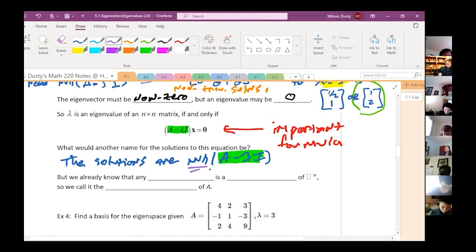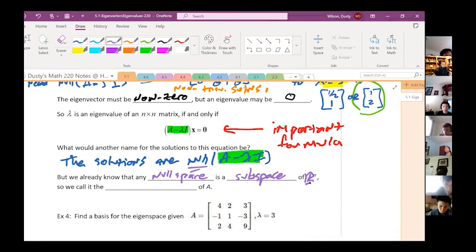So this is actually kind of cool. Since we're looking for a null space, we already know that the null space is a subspace of Rn.